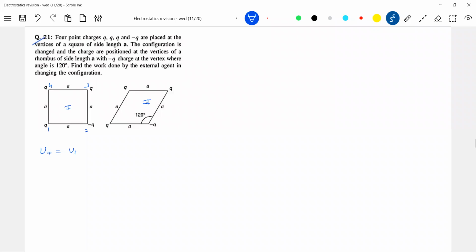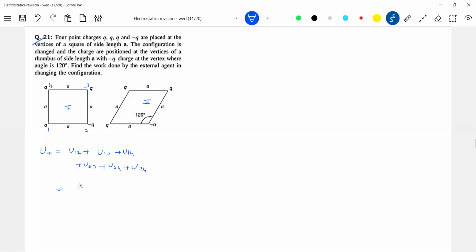So what are the interactions? U12, U13, U14, U23, U24. Six interactions will be there. Already you know.